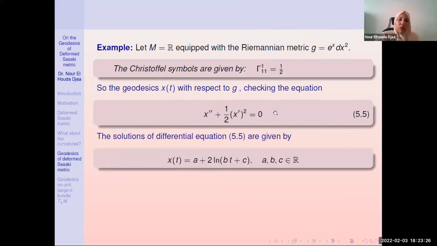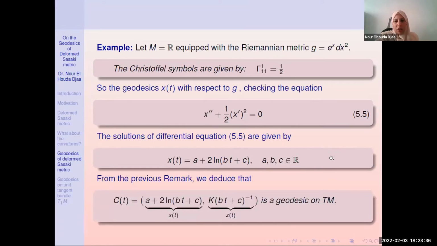And the solution of this equation equals a plus 2 ln(bt plus c), where a, b, and c are real numbers. So we can construct a geodesic curve on TM by putting x(t) right here and z(t) right here.